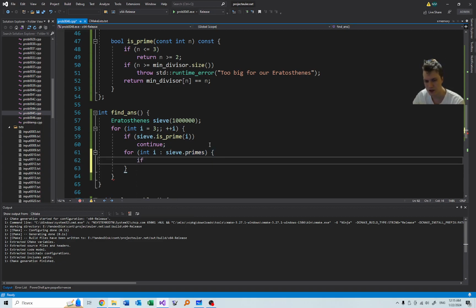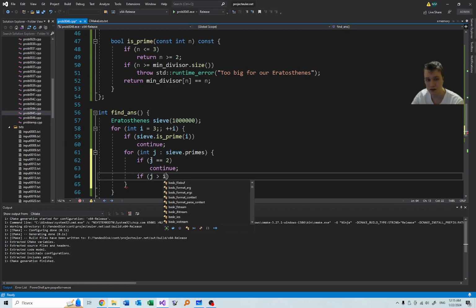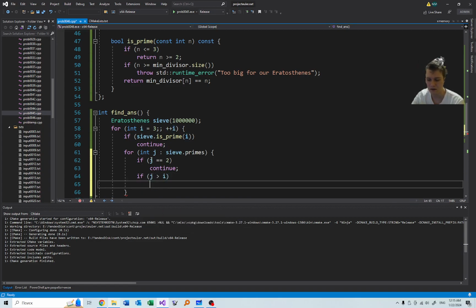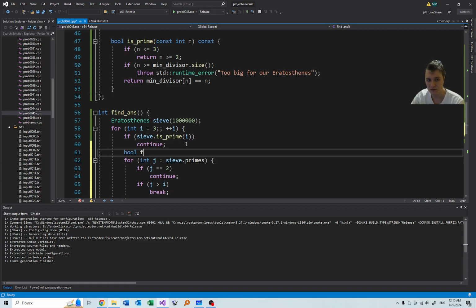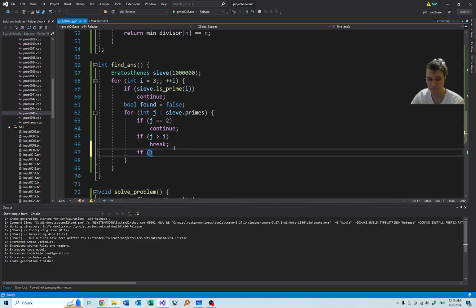So if j is greater than i, if j is equal to 2, then continue. If j is greater than i, then break. And let's also say bool found is false, and found is the wanted representation. So if sieve, if like what?